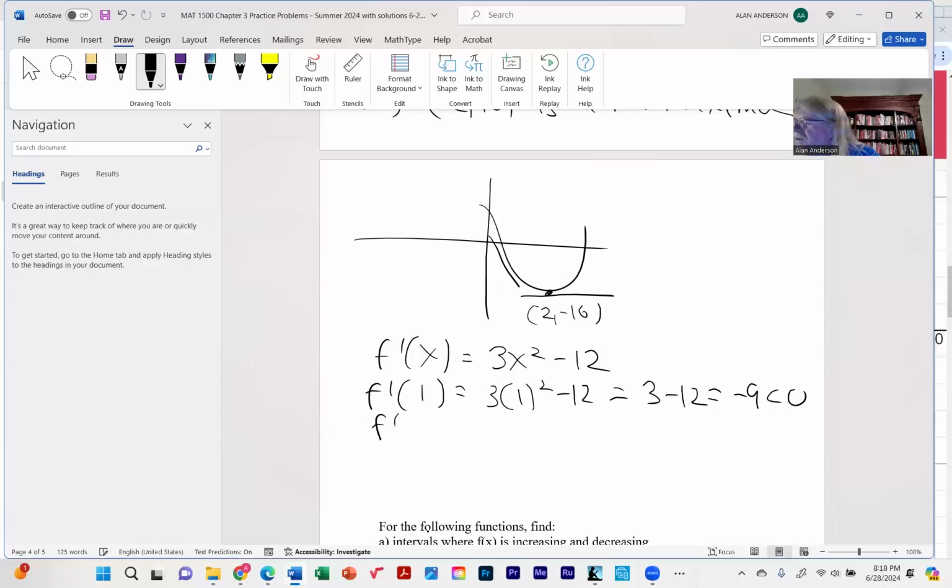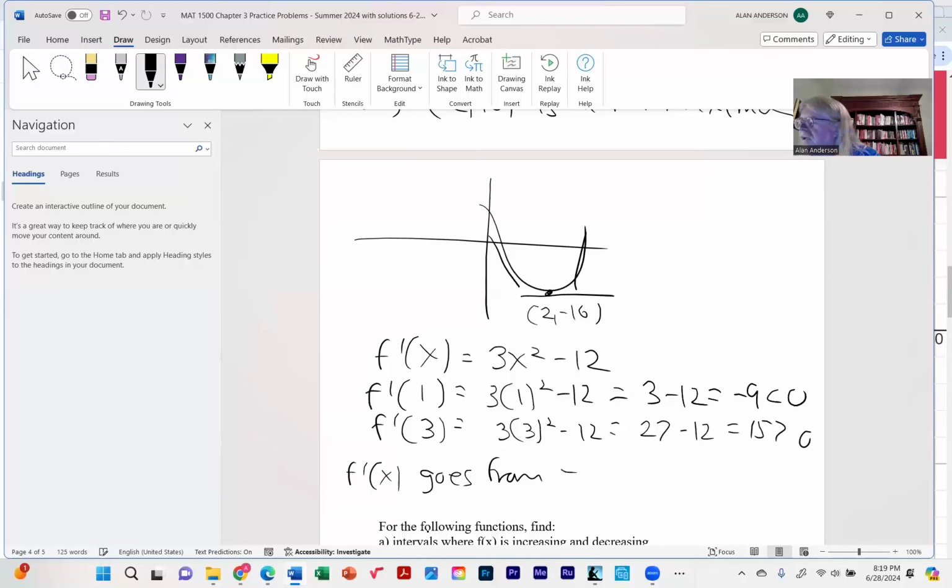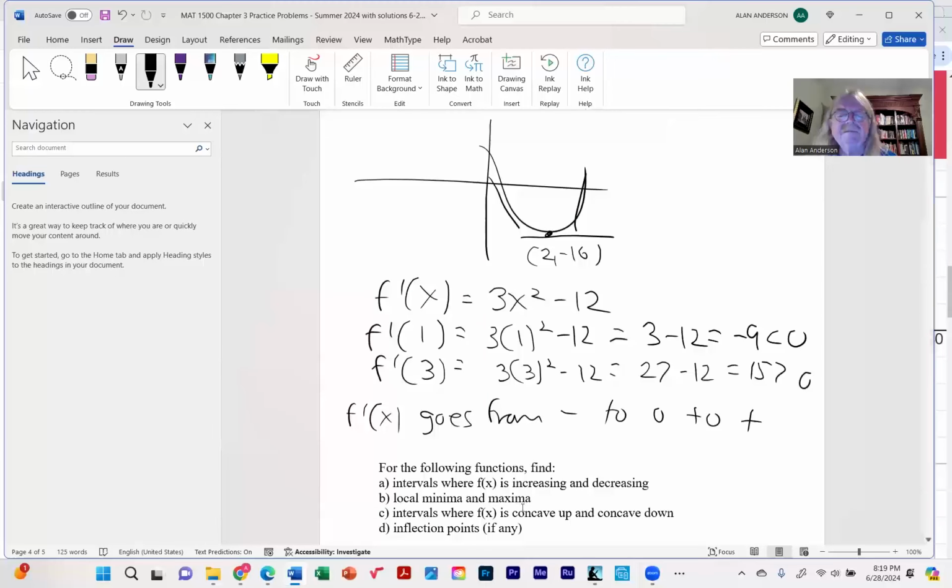Okay, and then let's try 3. That one's positive. Okay, great. So since f prime of x goes from negative to 0 to positive, that means that this must be a relative minimum.